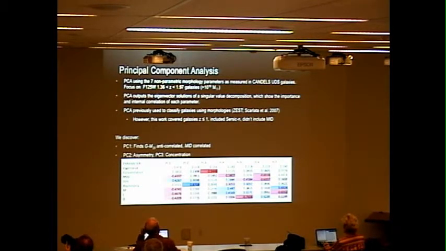So what do we find when we do a principal component analysis? Well, principal component analysis tells us which of the statistics are important and to what level. Principal component 1 tells us which are the most important for characterizing the data, and this is also color coded by how strongly the numbers are correlated or anti-correlated.